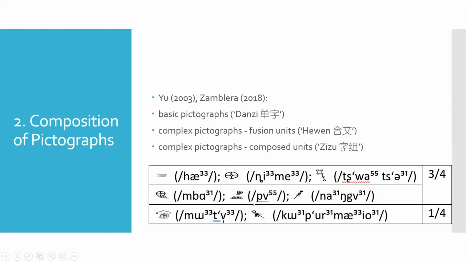And even if it looks like a fusion unit, you can find the correspondences between the syllables and the different parts of it. So it belongs to the third type of Dongba pictographs. And in this framework, the criterion of classification is the number of morphemes represented by the glyphs.